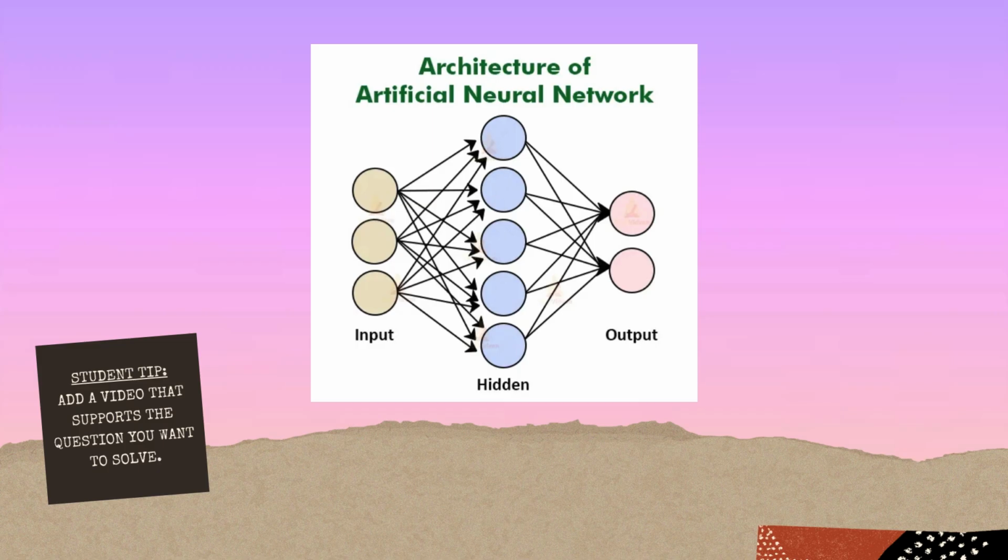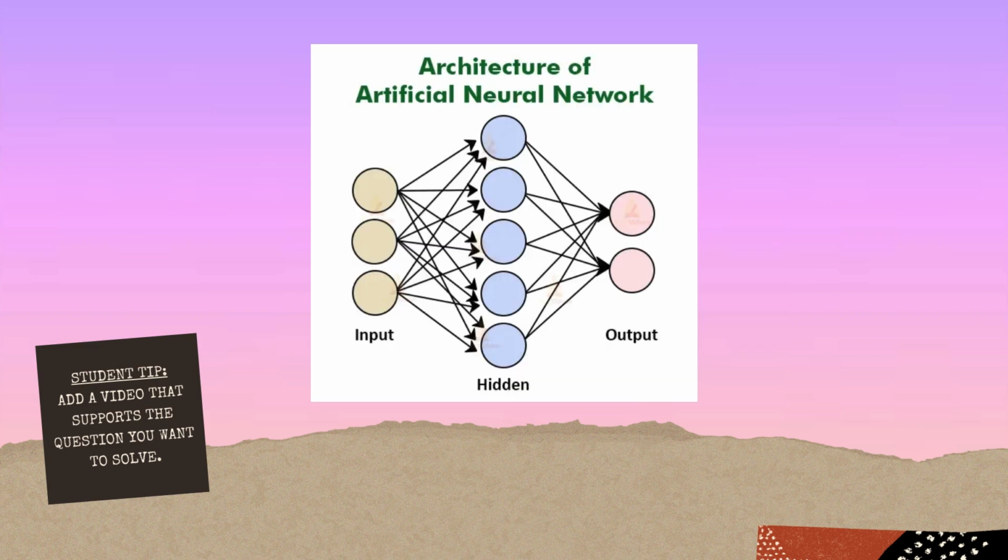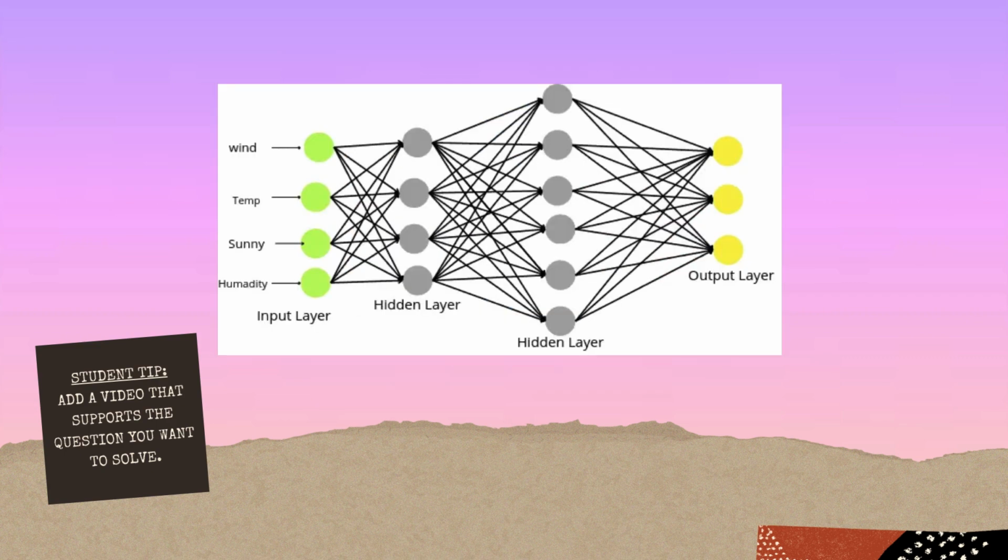It consists of three main components: an input layer, which you can think of as an array of values as input, and either one or more hidden layers. Here I have an example with one layer, and this one has two. And as well as an output layer.